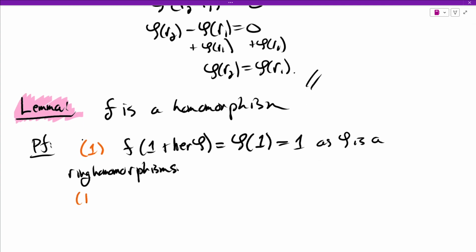So let's see, let's do addition next. So let's take some R1 plus kernel phi plus R2 plus kernel phi.